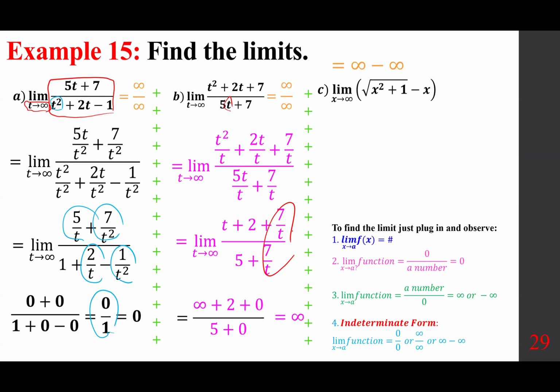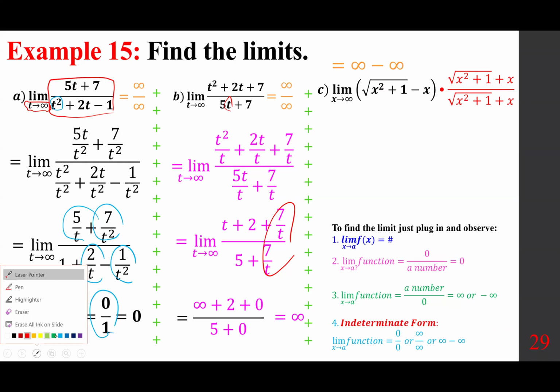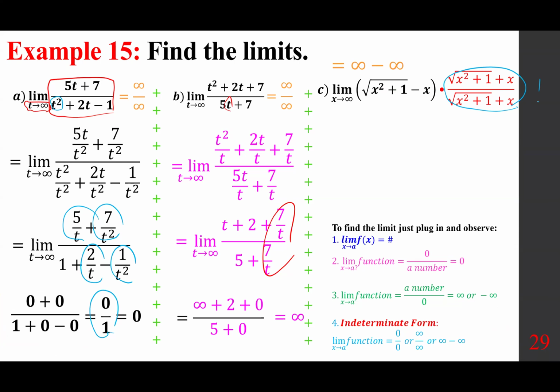The technique is to multiply by the conjugate, and the conjugate of a minus b is a plus b. The conjugate for this expression is the same thing, but with the plus. We multiply and divide by it, because this is equal to 1. You can only multiply by 1.